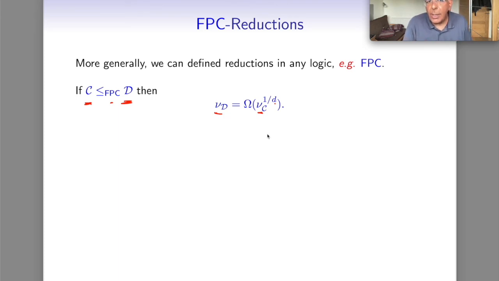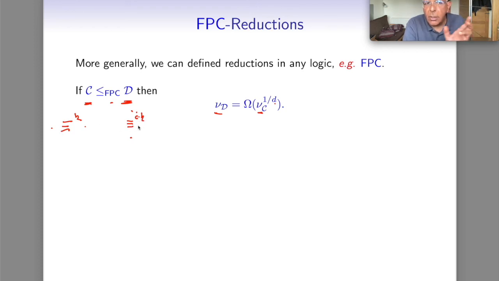Why is this? Well, if you have two structures, one in C and one not in C, which cannot be separated by k-equivalence, and they're structures of size n, then by the translation you get a pair of structures, one of them in D and the other one not in D, which cannot be separated by some constant times k, the constant being the number of variables in your reduction.